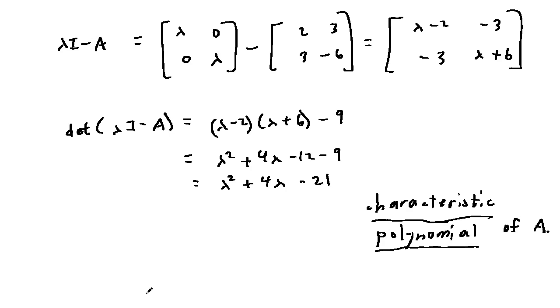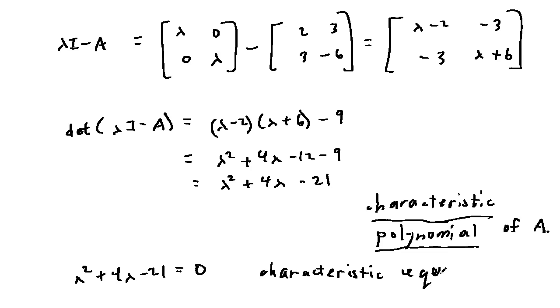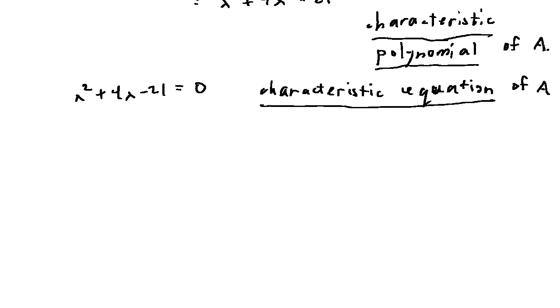Now we set the polynomial equal to 0. Okay, and this is called the characteristic equation of A. Now let's solve for lambda.